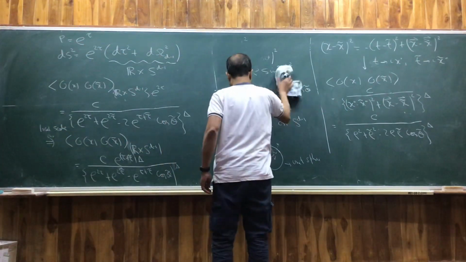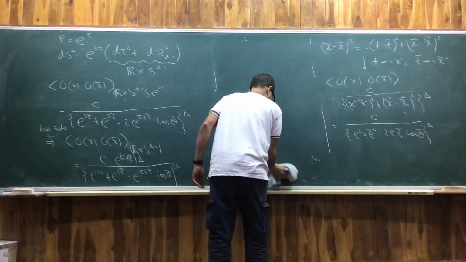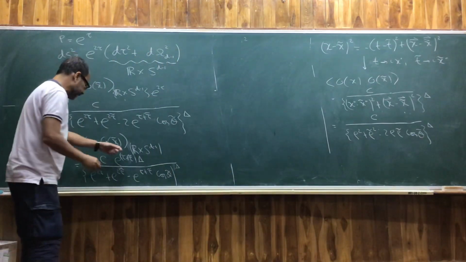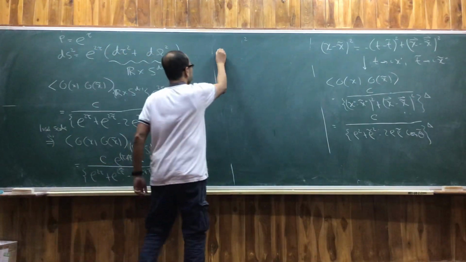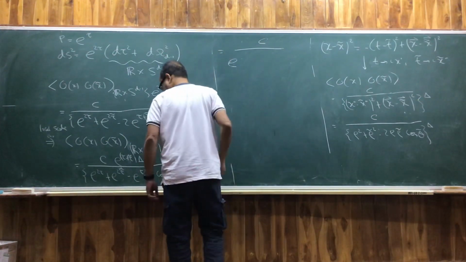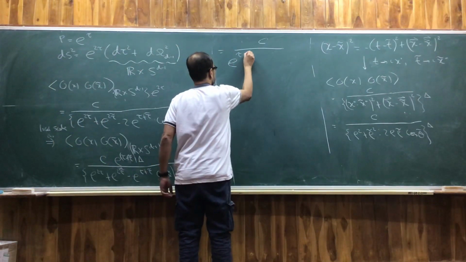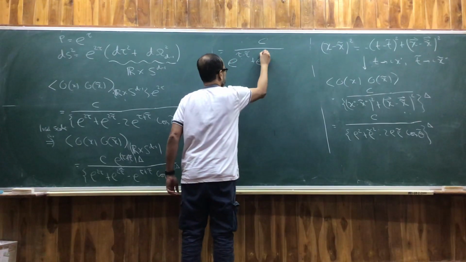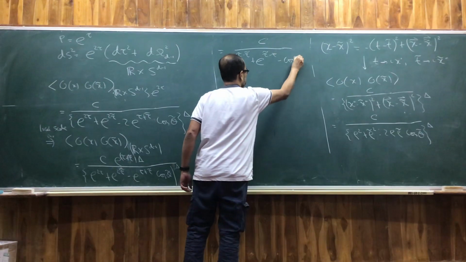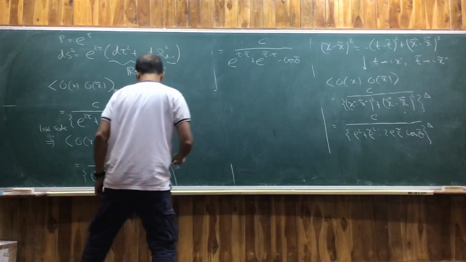So this can be simplified a little bit. Because you can take this inside, you can write this as C over e to the power tau minus tau tilde plus e to the power tau tilde minus tau minus cos theta tilde. I think somewhere there is a factor of 2 here.